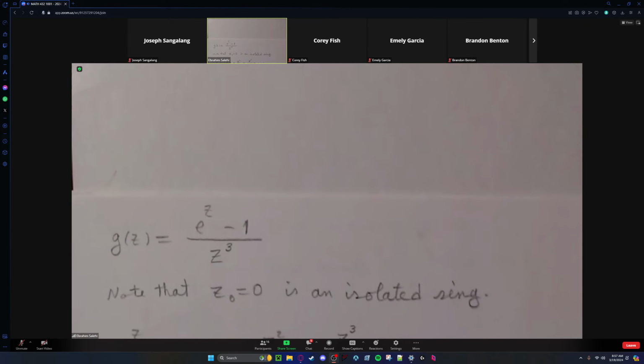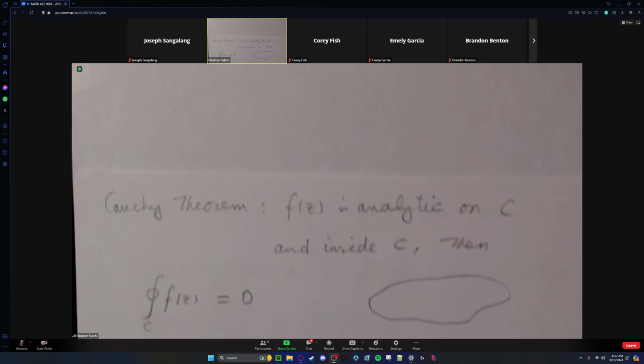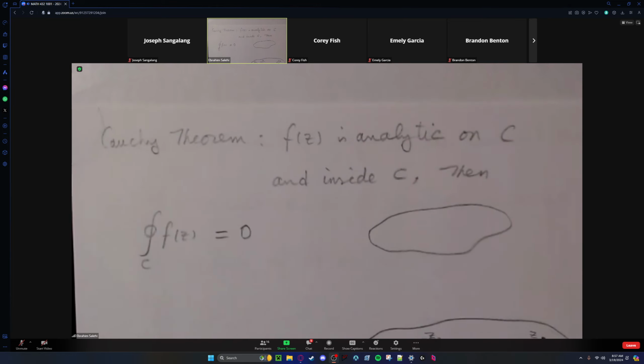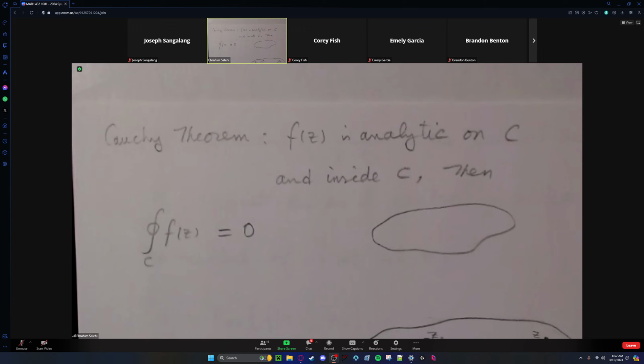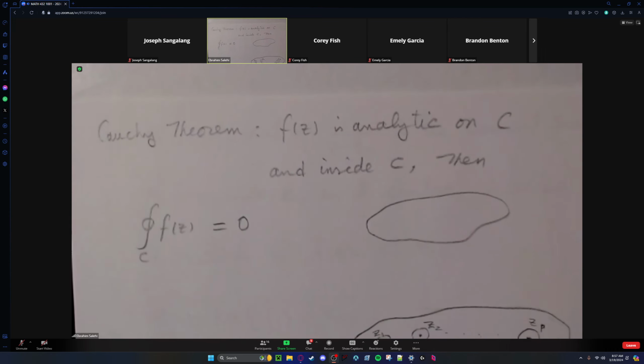I guess I gave you enough examples, but here comes the residue theorem. Then we talked about Cauchy's theorem, and this is also good because we are also having a review of Cauchy's theorem as well.